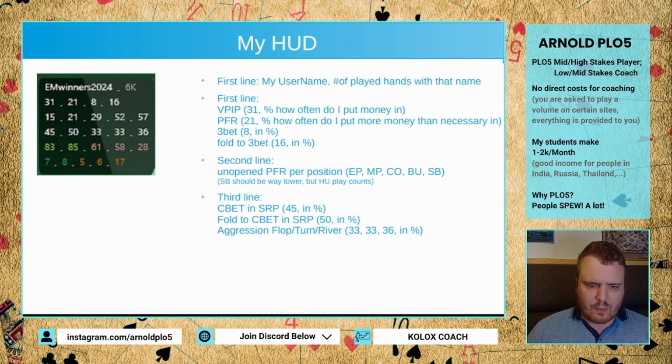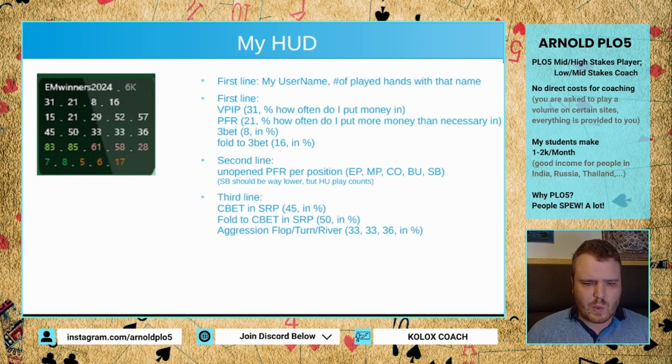And therefore, when people c-bet, the range is stronger than the range the solver has. And these are my aggression frequencies on flop, turn, and river.